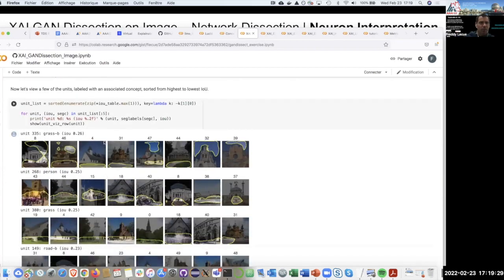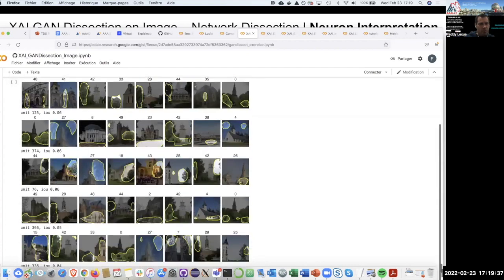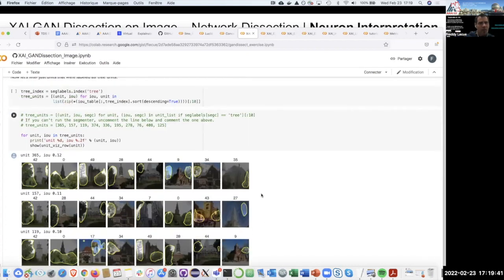And the same exercise over here, but much more. I think it's on sky and ground. Yeah, so that's the trees. So that's the index for tree. That's the tree that you're looking for, and they try to see which units, unit 365, 157.